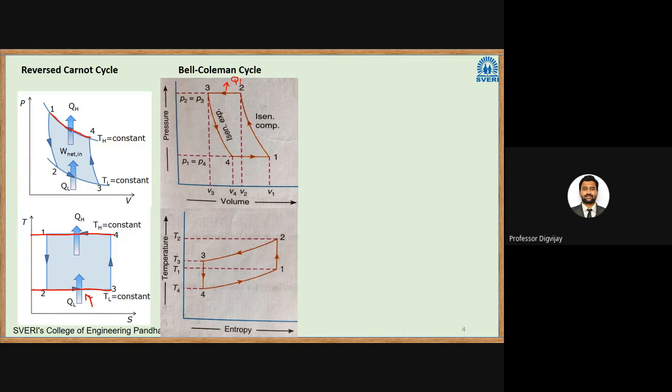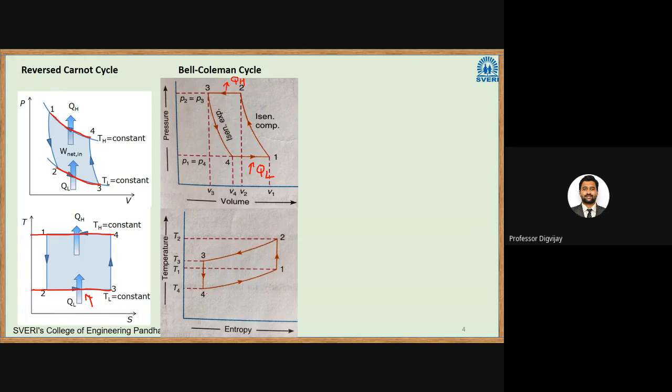Heat is rejected here, and again 2 to 3, which was a constant temperature process, is now a constant pressure process. So 4 to 1 is a constant pressure heat addition, so heat is added at constant pressure. Then we have 1 to 2, that is isentropic compression, and 3 to 4 is isentropic expansion. So this is a pressure volume diagram.